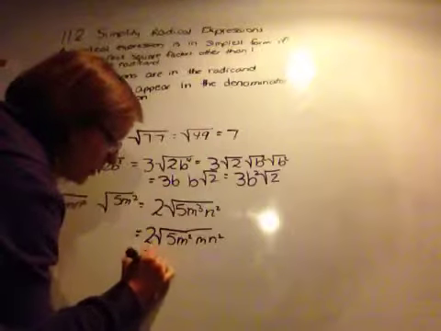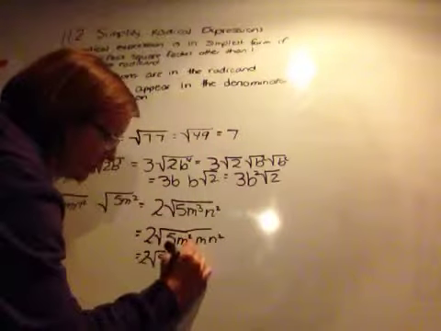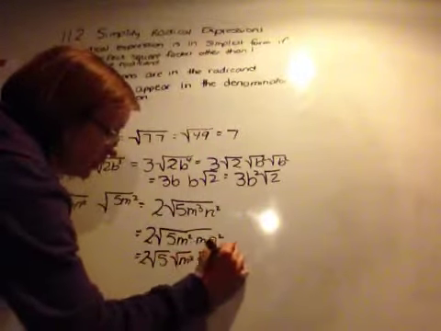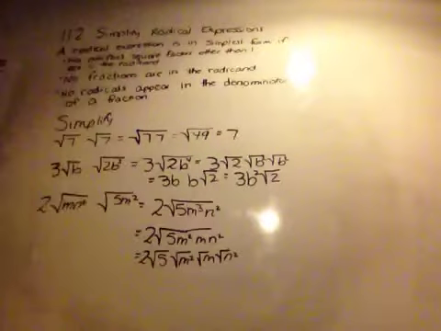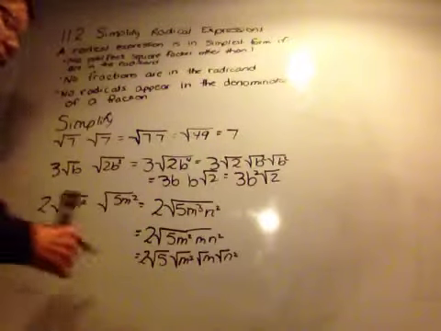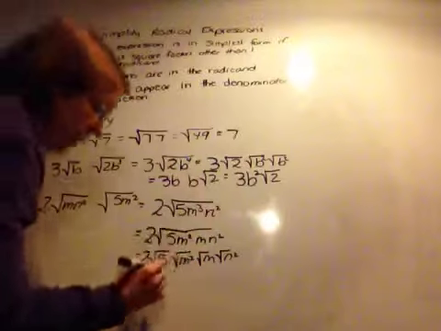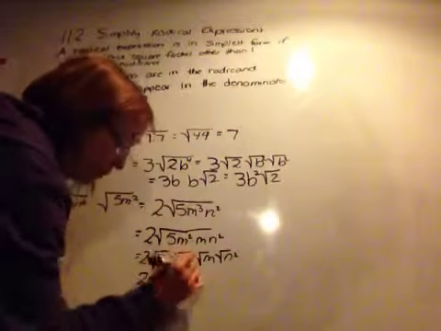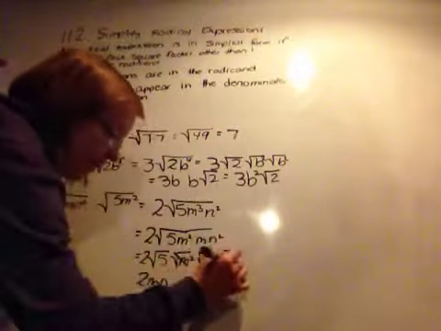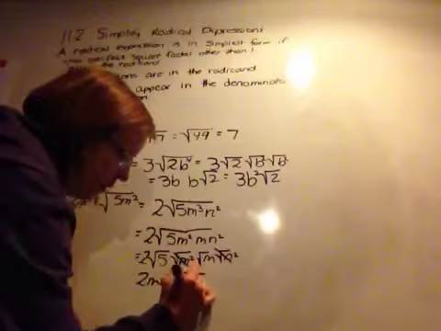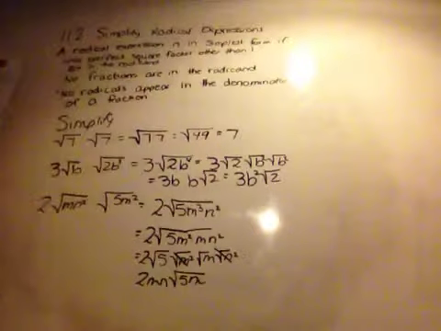I'm going to separate these. And then I'm going to take the square roots I can. I can't take the square root of 5, but the square root of m squared is going to be m. Square root of n squared is going to be n. And then I'm left with 5m underneath the radical.